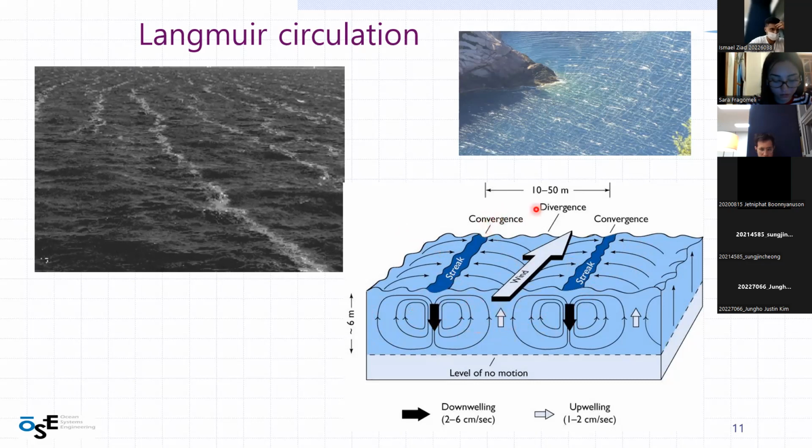The lines can be many kilometers long. Note that Ekman's theory of wind drift yields an upper layer motion that is about 45 degrees to the right of the wind. However, Langmuir circulations are more closely aligned with the wind.